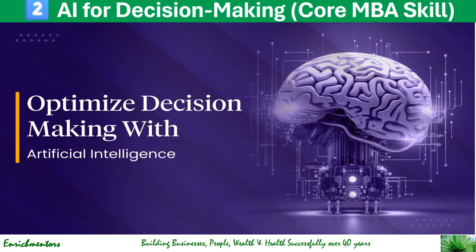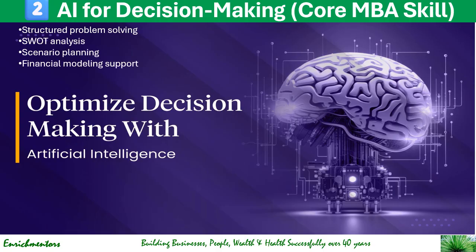Another thing that you need to learn is AI for decision making. How to use AI for decision making, and that you can call a core MBA skill. Every MBA student must learn how to use AI for structured problem solving, how to use AI for SWOT analysis, for scenario planning, for financial modeling support, for market research synthesis, and for competitive analysis, and many more things.